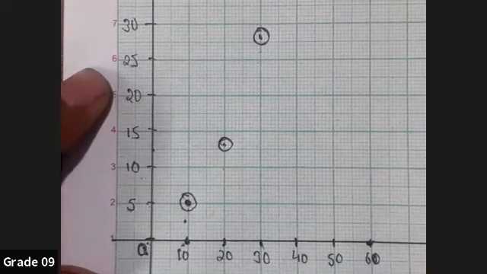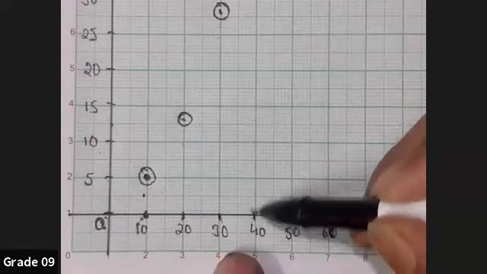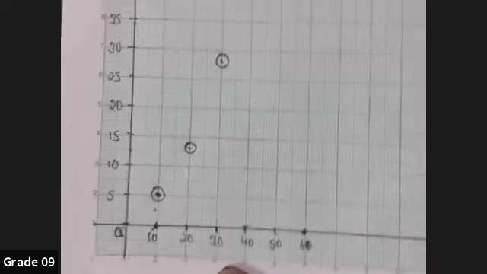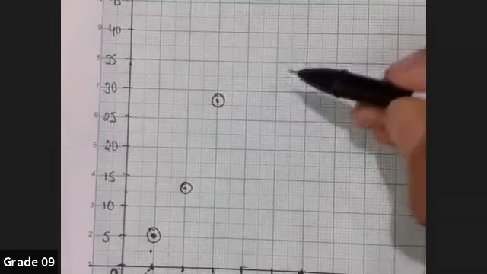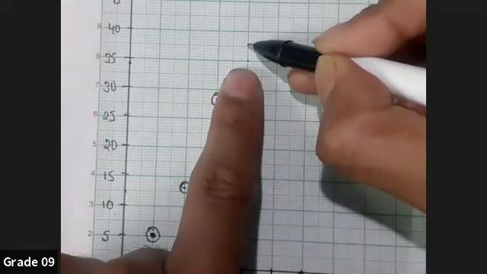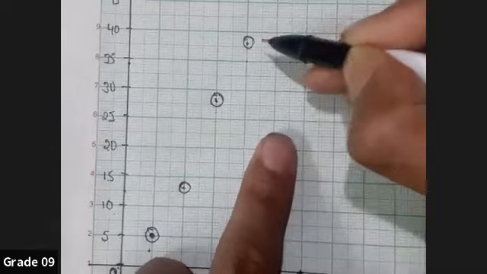This is my 28, between 30 and 25. Now another is 38, that is above 40. So 38 means above 40. First I go to 35, and then 35, 36, 37, 38. It's also the same, at this point.